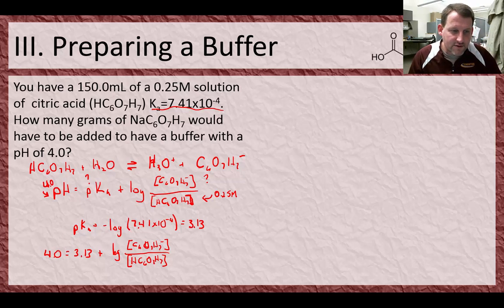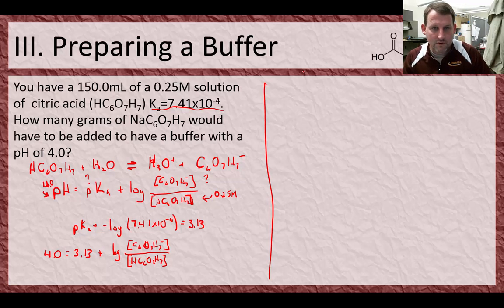So this side becomes 0.87, so that's 4.0 minus 3.13. And that's going to equal the log of all that mess, C6O7H7 minus over HC6O7H7 concentration.